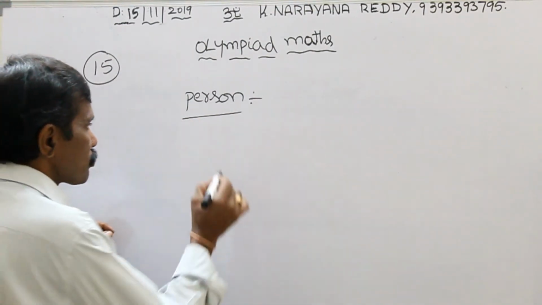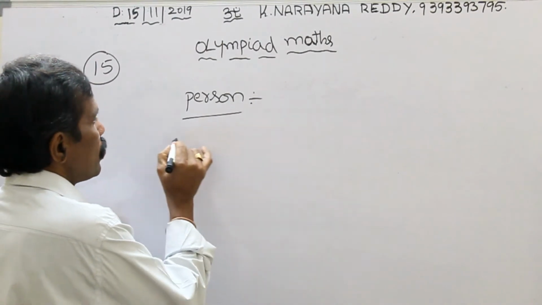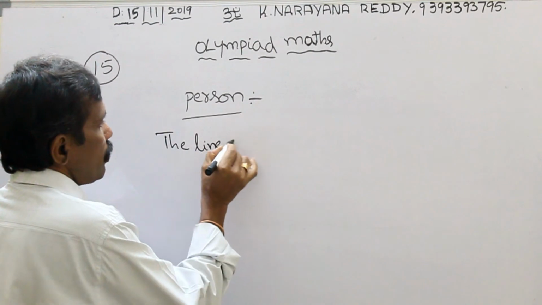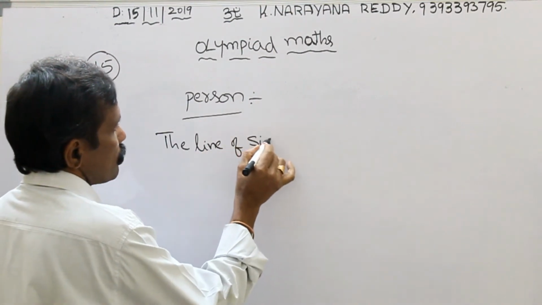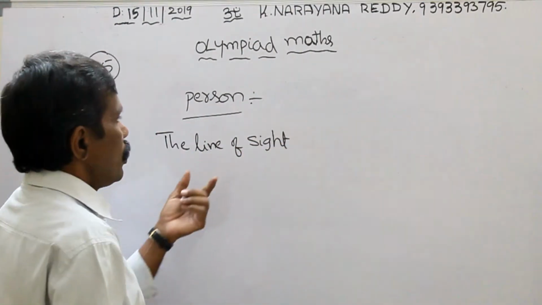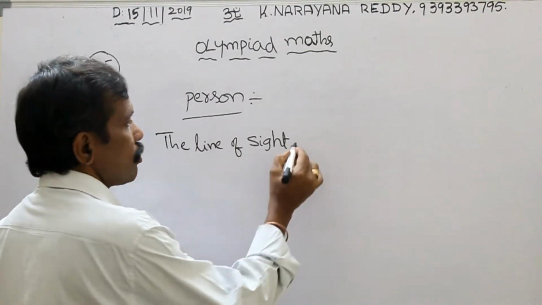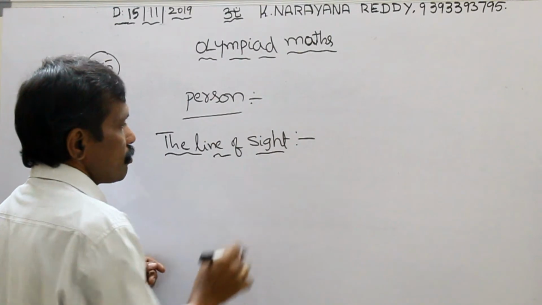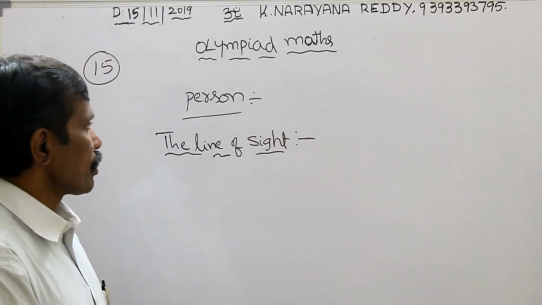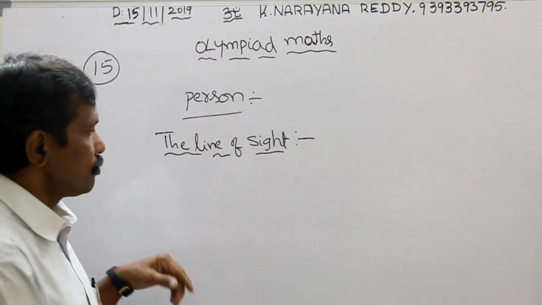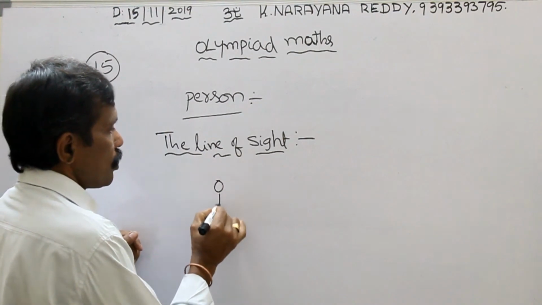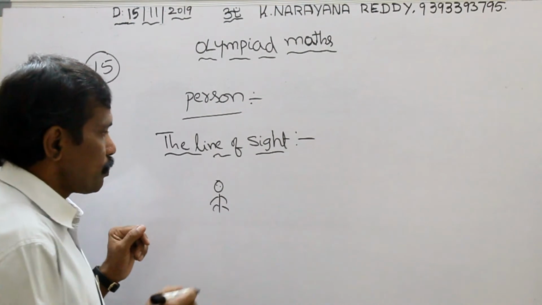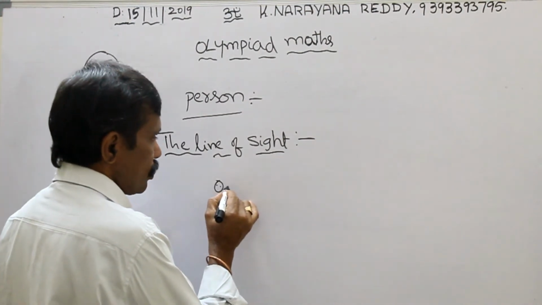That is called the line of sight. What is the meaning of the line of sight? Simple. Person is there. Suppose this is a person. This person is observing an object.